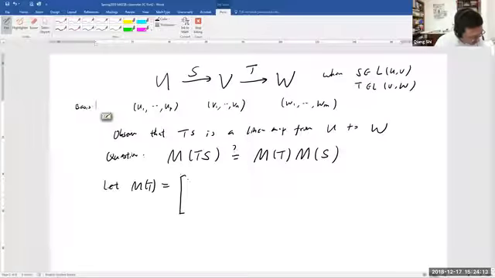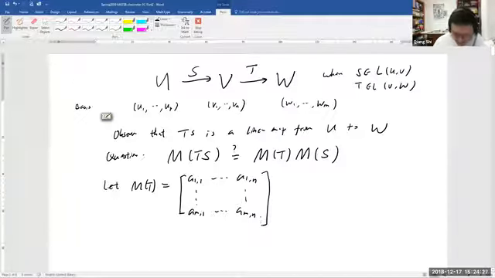All right. So then let's write this A11 up to A1n and AM1 up to AMN. So we're not randomly using the M and the N here, right? Because if you look at the T here, it is from V to W, and we said the dimension of V is N, so it's V1 up to Vn, and the dimension of W is M, W sub 1 to W sub M, right?